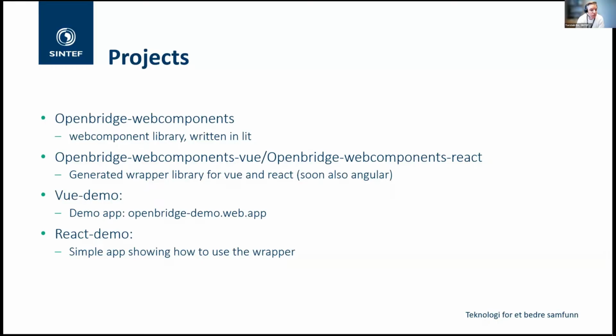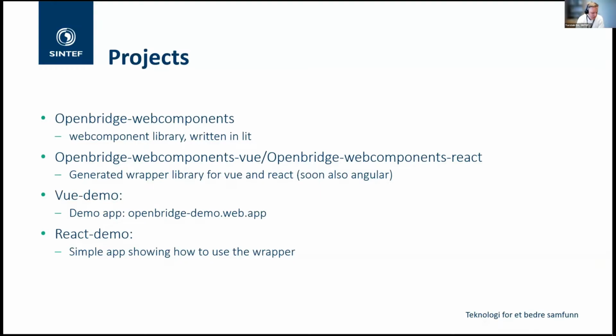Then there are two wrapper libraries called OpenBridge Web Components Vue and OpenBridge Web Components React. These are auto-generated wrapper libraries for Vue and React.